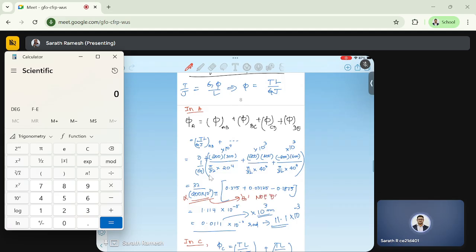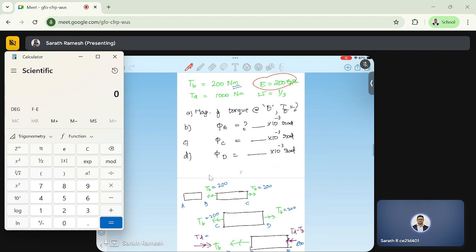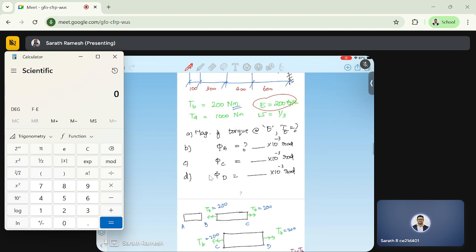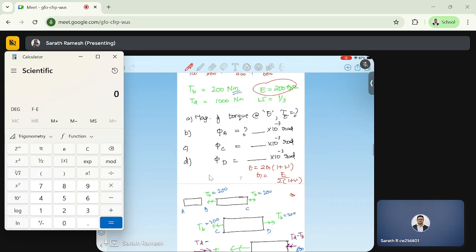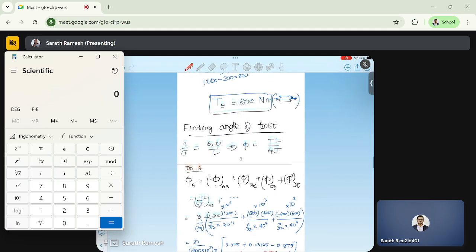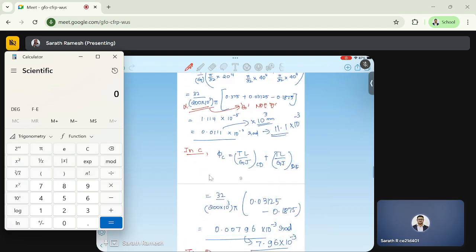How to find that? There is a relation between the shear modulus and the Young's modulus. E equals 2G into 1 plus nu. So from this, G will be E by 2 into 1 plus nu. So be careful.